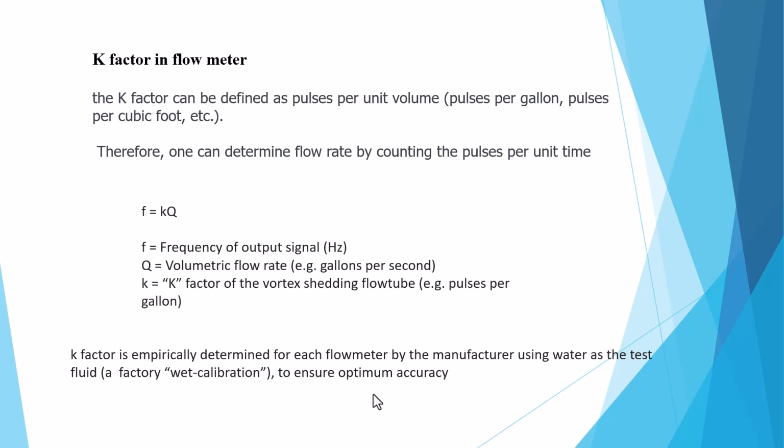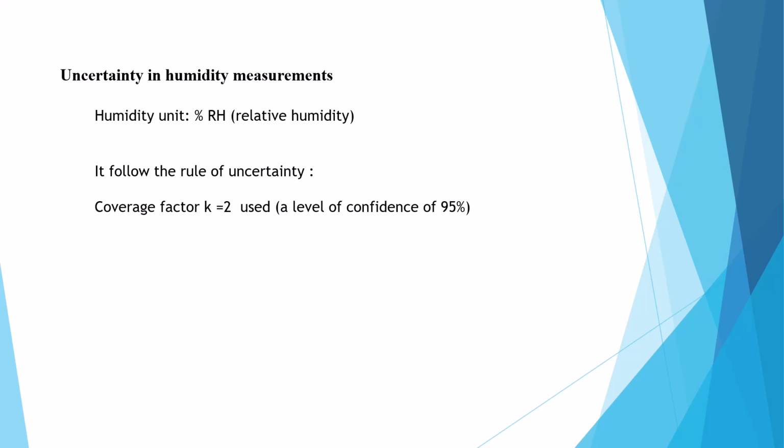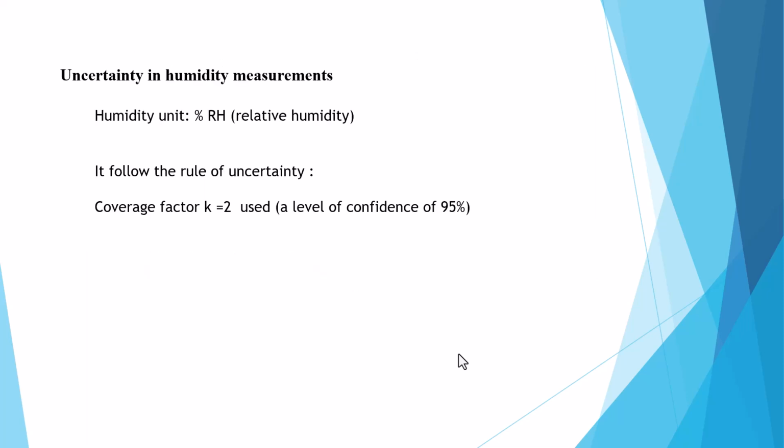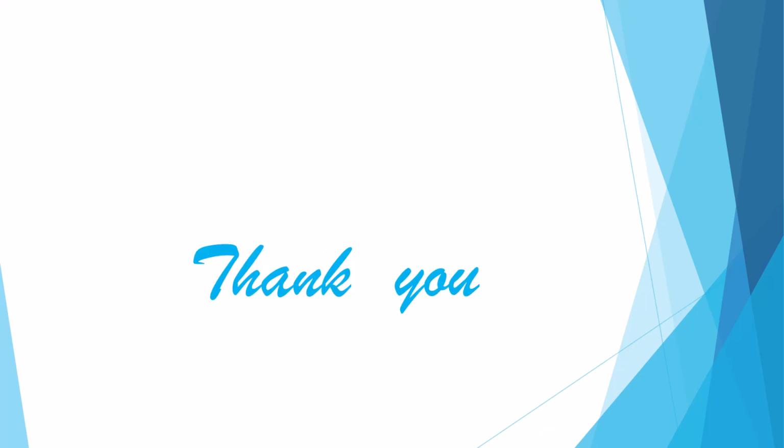He uses water for testing and gets the K factor to ensure optimal accuracy. Just keep this K factor to make sure of accuracy. Same thing, this K factor is for your accuracy. Okay. This gas detector K factor is all for accuracy. So today we talked about the K factor in the gas detector and humidity. Okay. Thank you very much.